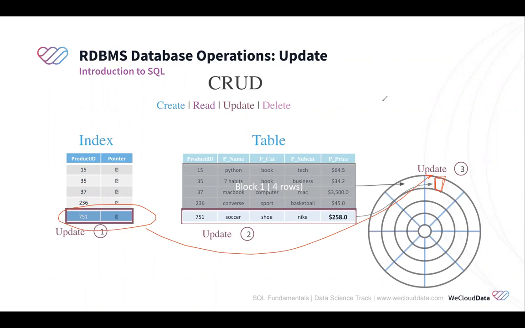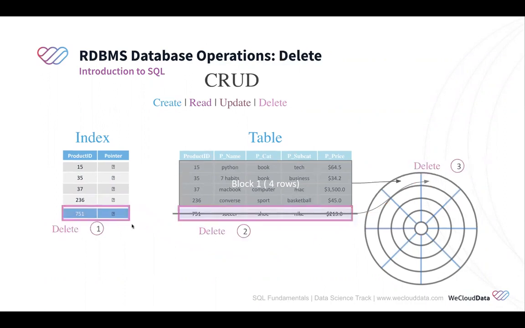Let's say we update the price information. Okay, and for delete, it works in a very similar fashion, right? We need to hit the index and go find where this record is, and then we're going to delete that record, but we also need to delete that from the index as well. Okay. So that's in a nutshell how CRUD works.